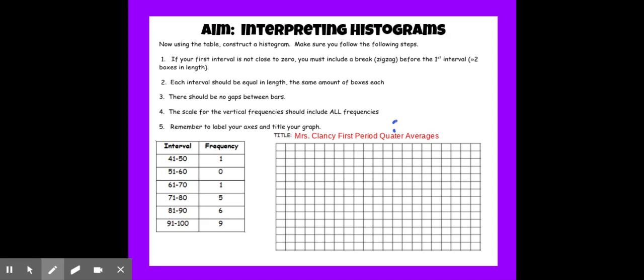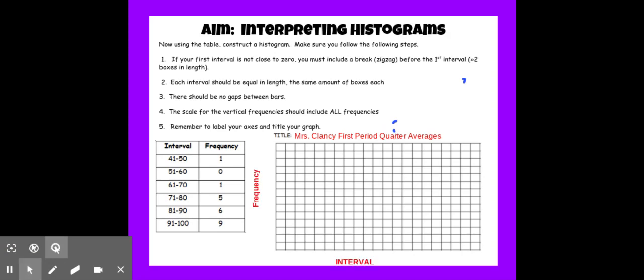Okay. The next thing we're going to do is label the axes. So our y-axis is going to be frequency. This is going to be our y, which is here. This is going to be our x, which is here, our intervals. Okay? So make sure you copy this down. It's important to get those labels down, okay? So pause the video and copy it down.